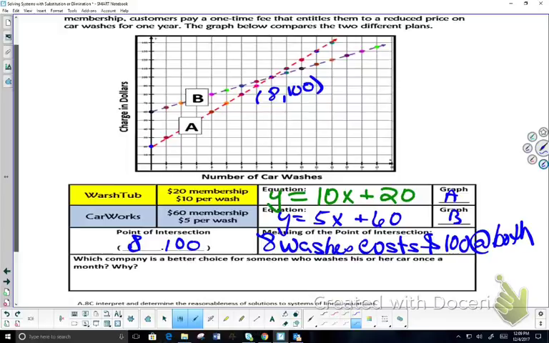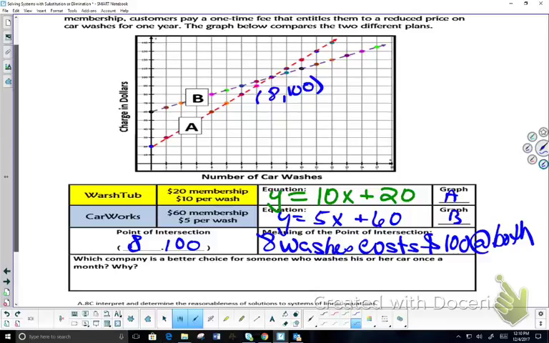Which company is the better choice for someone who washes his or her car once a month? Who thinks Wash Tub, A? Wait, no. I think it's... Who thinks Car Works?